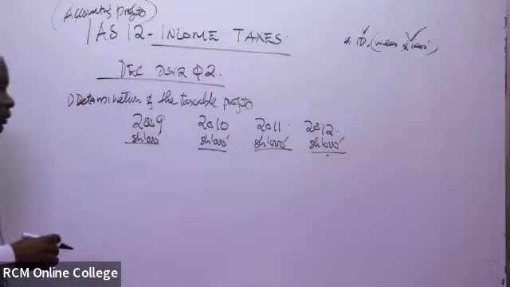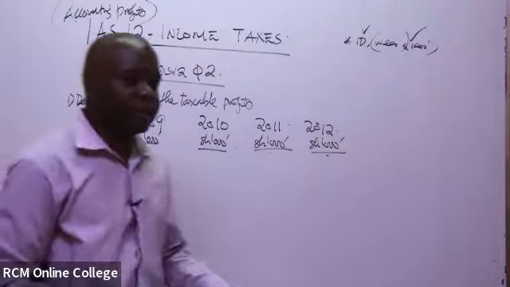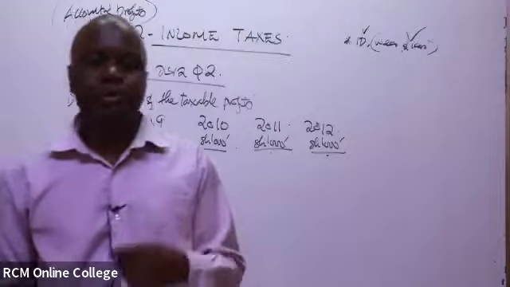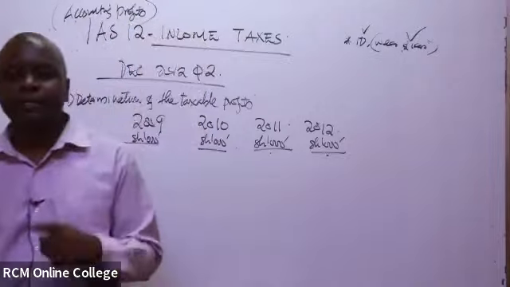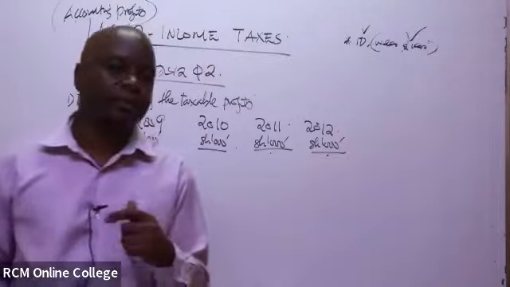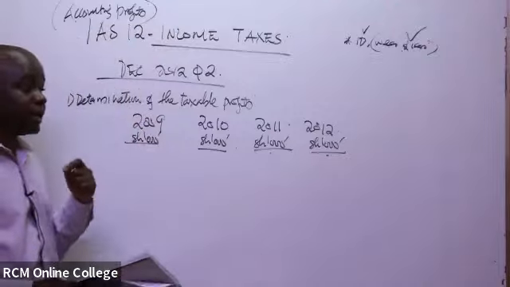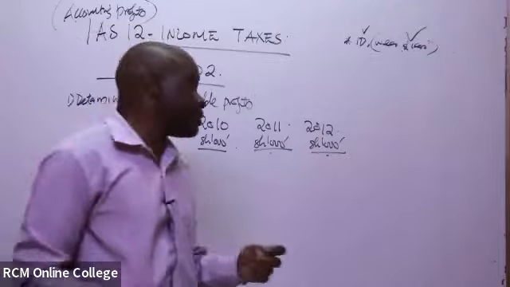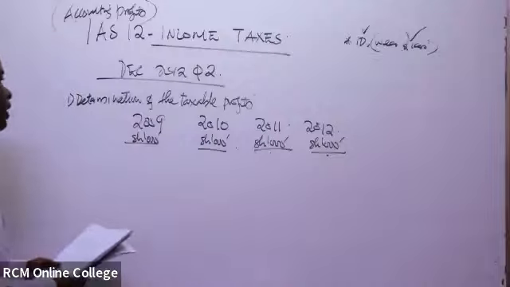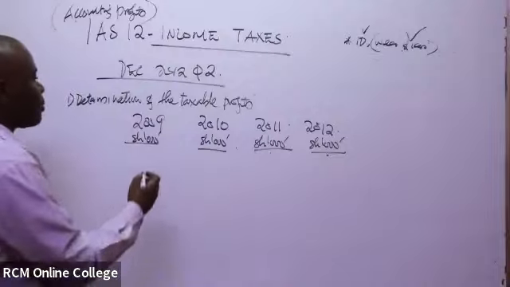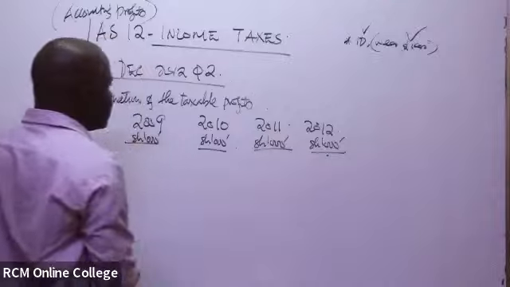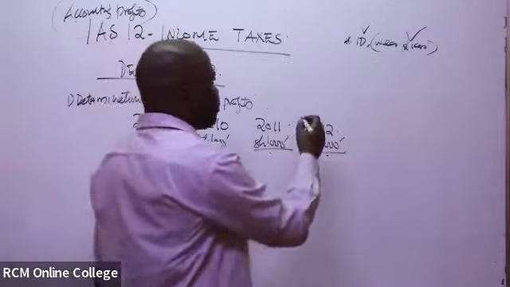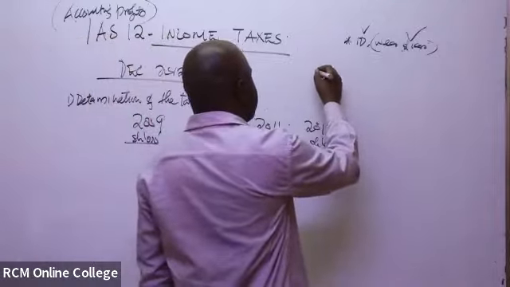Remember, this particular point will sync when you learn. Those who already learned public finance and taxation really understand exactly what I'm saying. The point is that you'll have to readjust the accounting profits for you to come up with the taxable profits. In public finance and taxation, you start with the profit realized.